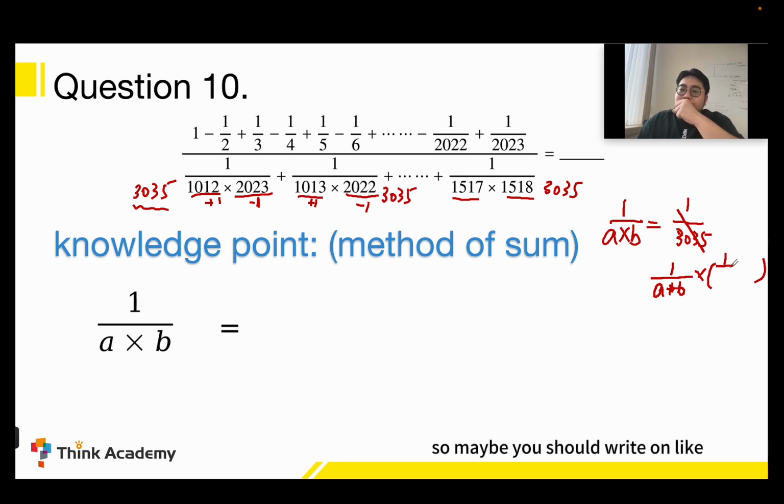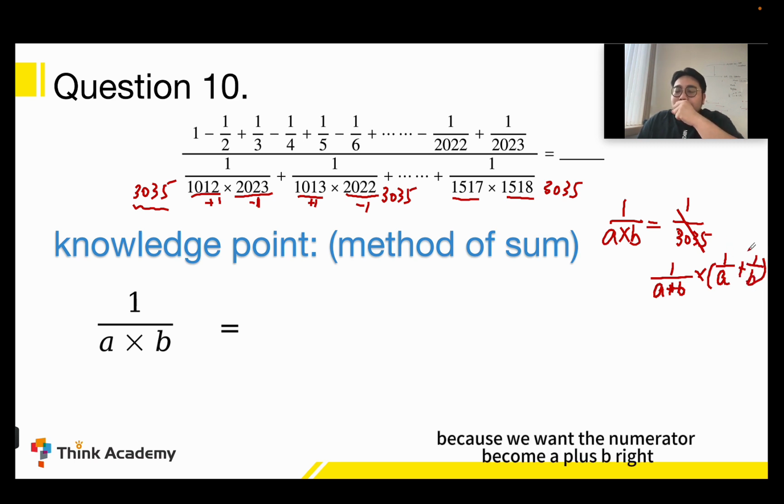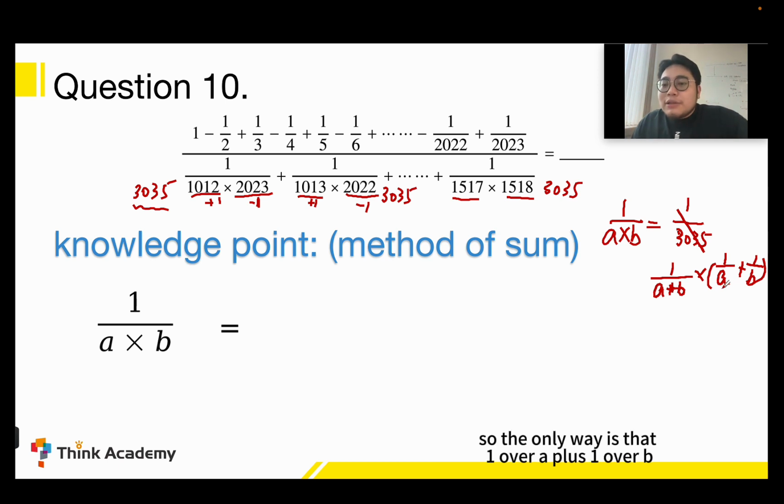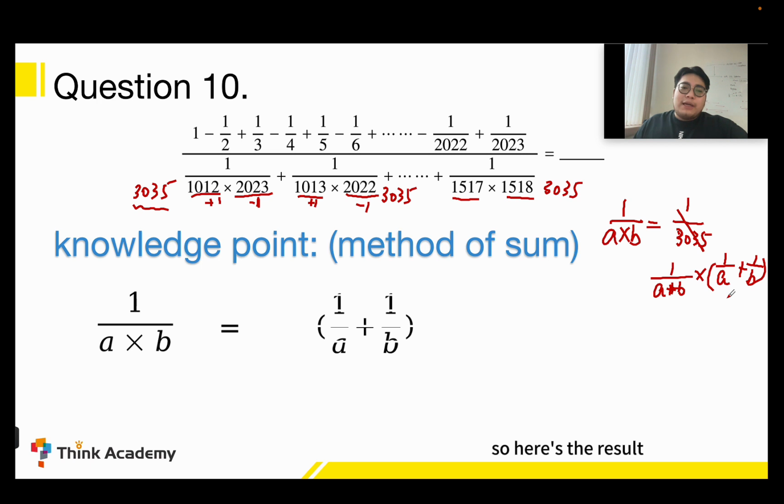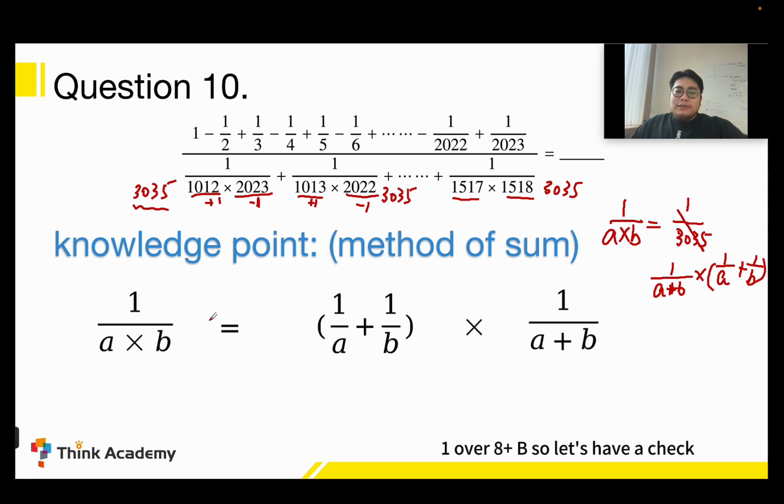Maybe you should write down 1 over a, 1 over b, because we want the numerator to become a plus b, right? So the only way is 1 over a plus 1 over b. So here's the result: 1 over a times b equals 1 over a plus 1 over b, in brackets, times 1 over a plus b. Let's have a check.